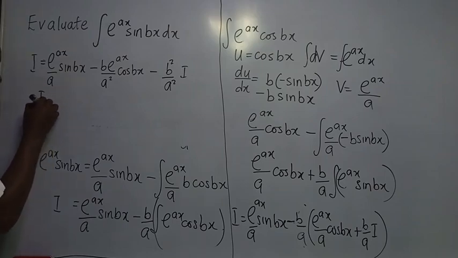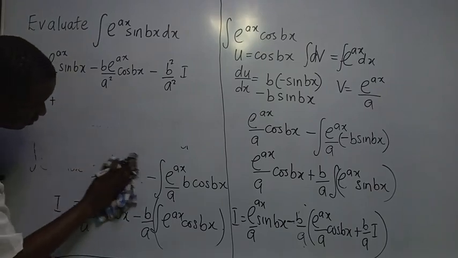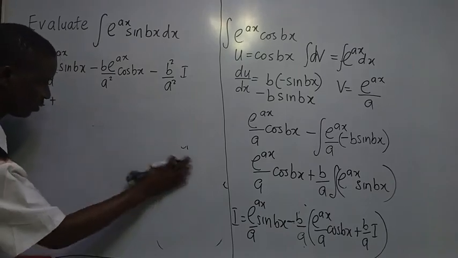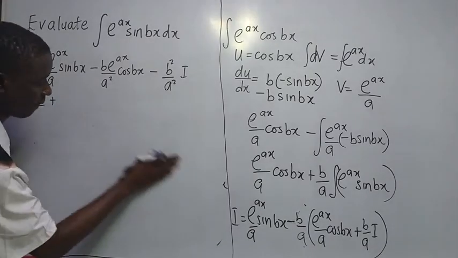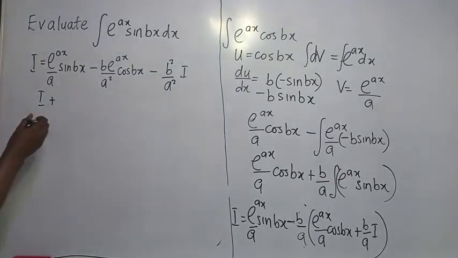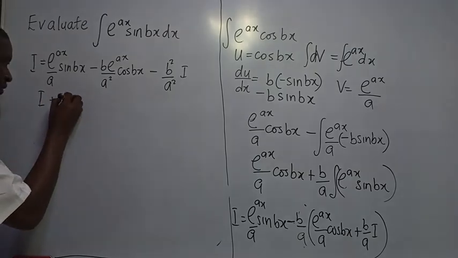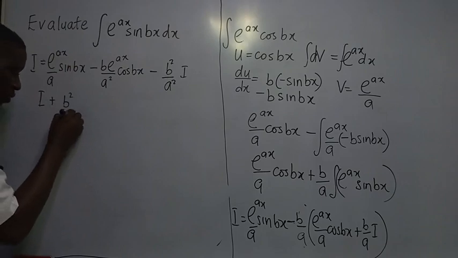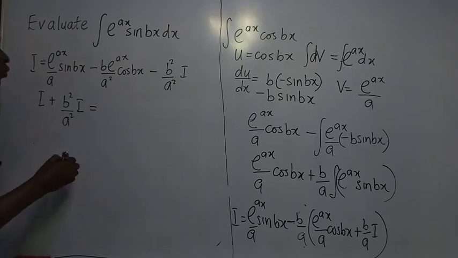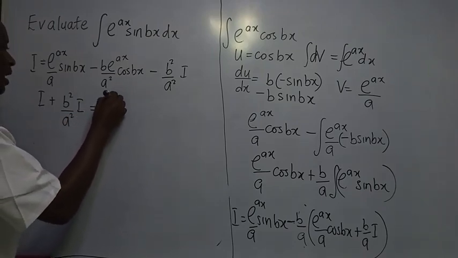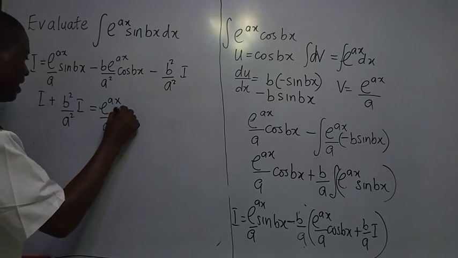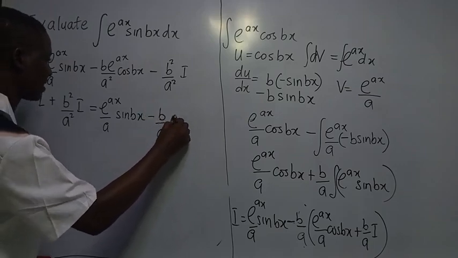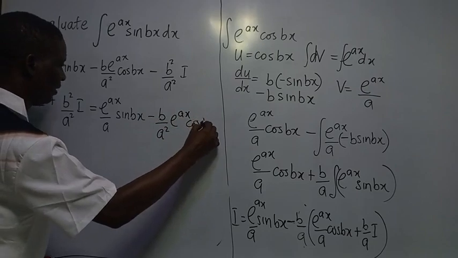We're going to have I plus b squared over a squared I equal to, the equal sign moves it to the other side, e raised to power ax over a sine bx minus b over a squared exponential ax cos bx.